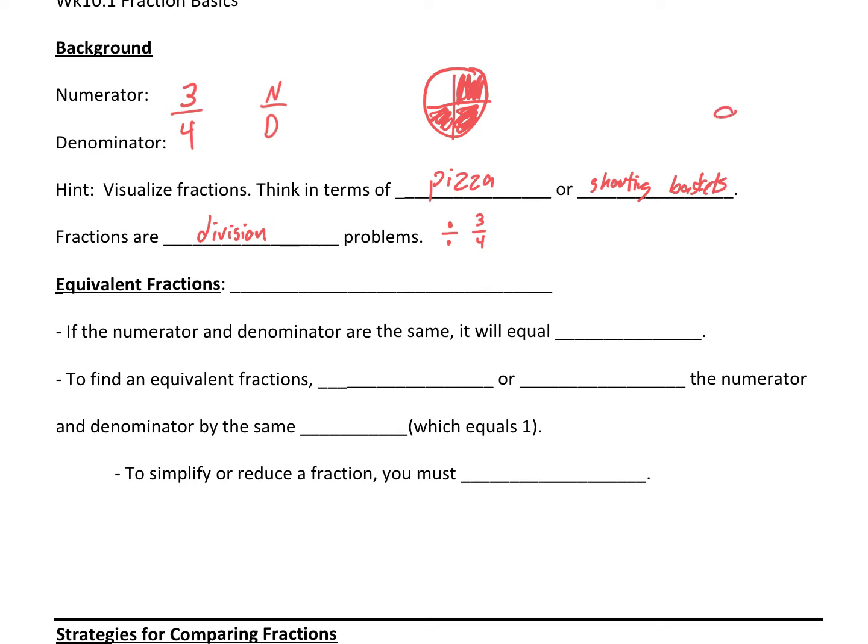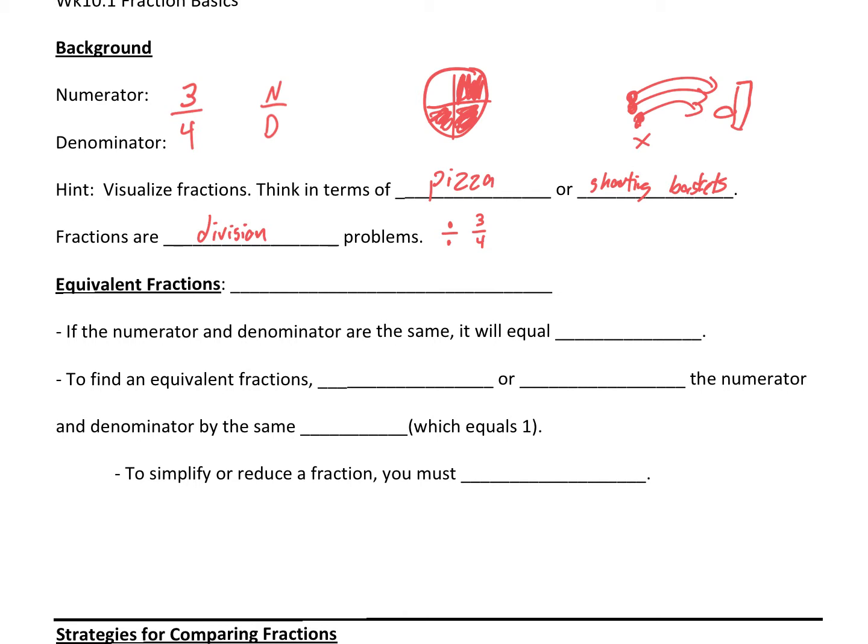So here's my artwork, here's my rim. I'm shooting baskets. If I make 3 out of 4 shots, that's pretty good. 3 in, and then 1 brick. 3 out of 4. All right, so those are a couple examples I'll be using throughout.